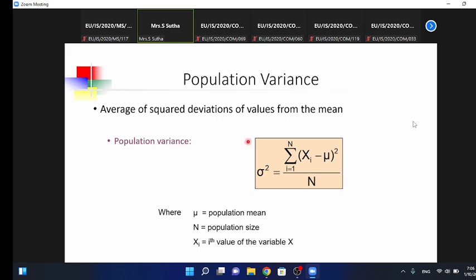Yes, definitely. The population mean and the sample mean. Here we are using the population mean, but for the sample variance, we have to get the deviations from the sample mean. So mu and x bar. These are the differences between the population variance and the sample variance, right?